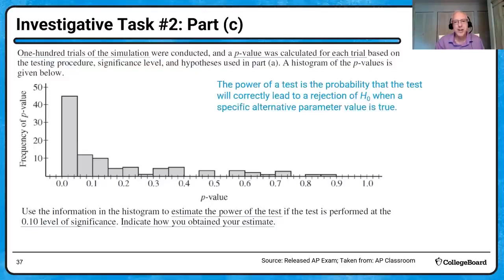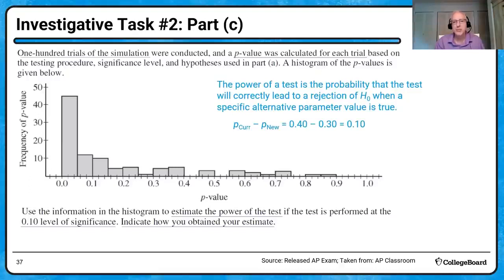This is a little outside the box, but you should know what the power of a test is from your course. It's the probability that the test will correctly reject the null hypothesis when a specific alternative parameter value is true. In this case, the alternative parameter value is 0.1.